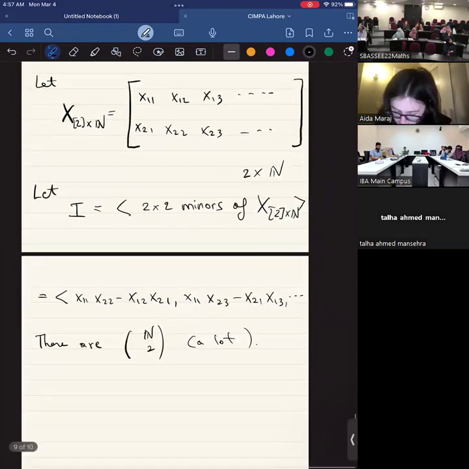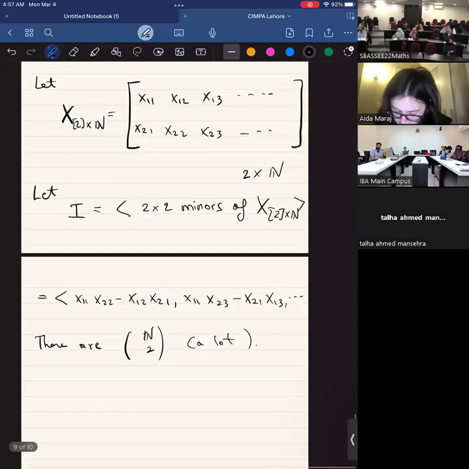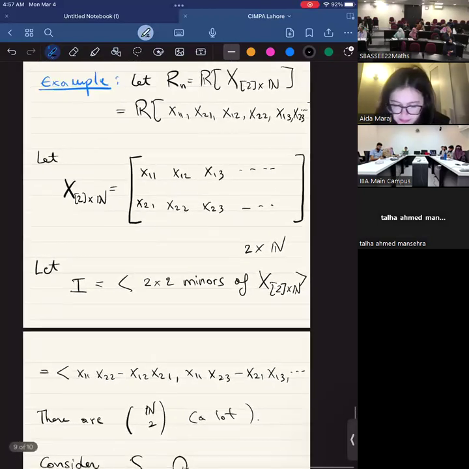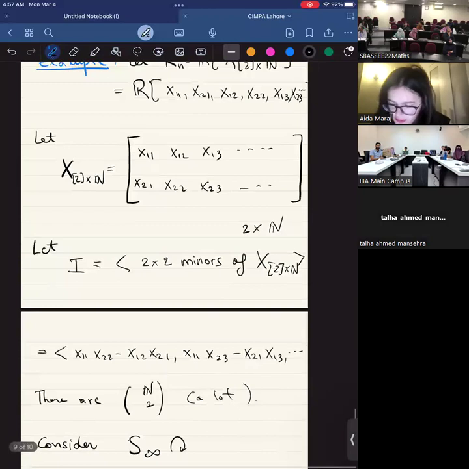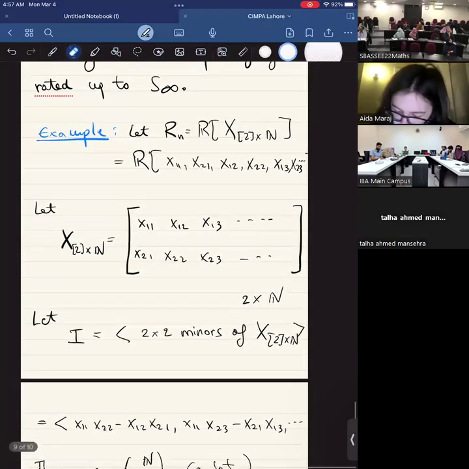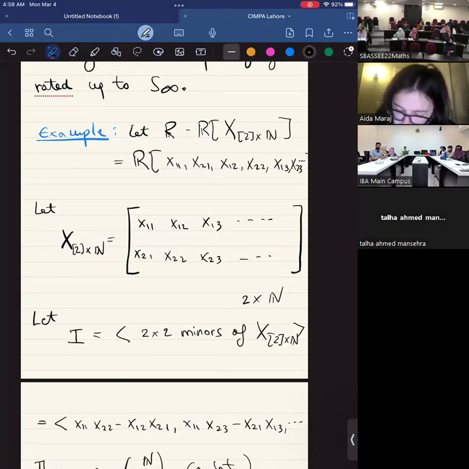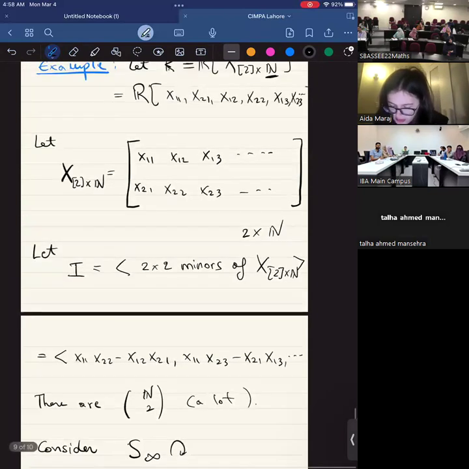So take S infinity, acting on our polynomial ring. I call them with n here. With n, I mean that every time I put a lowercase n here, I'm making this finite n, and when I remove that, I'm letting this go to infinity.